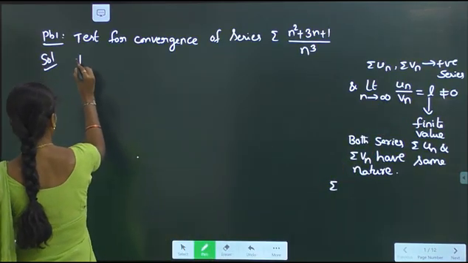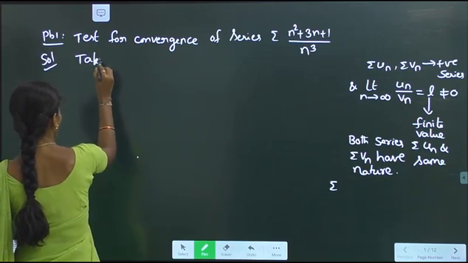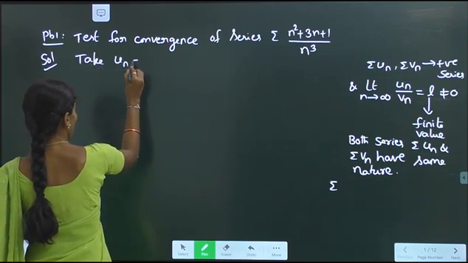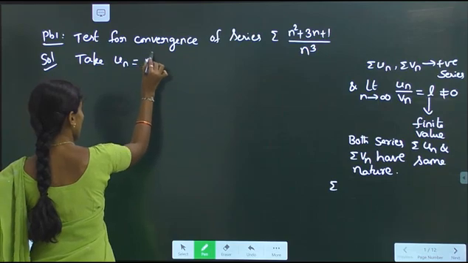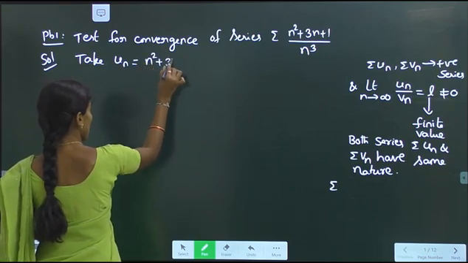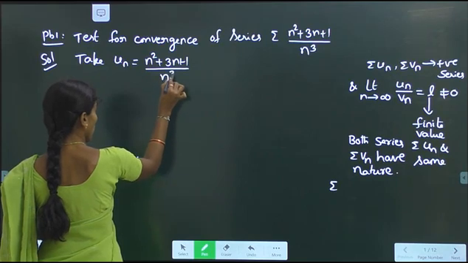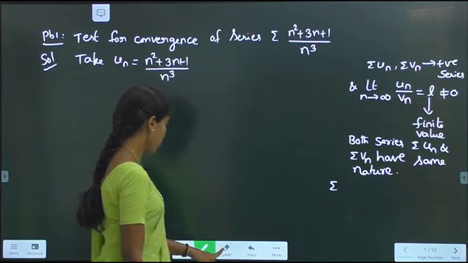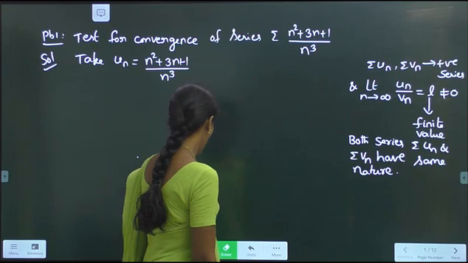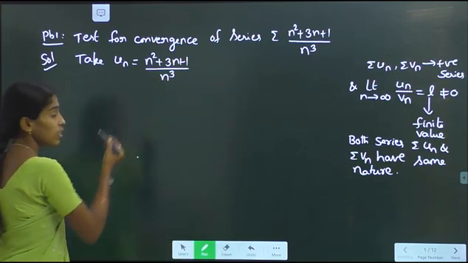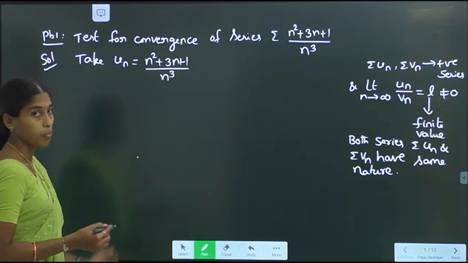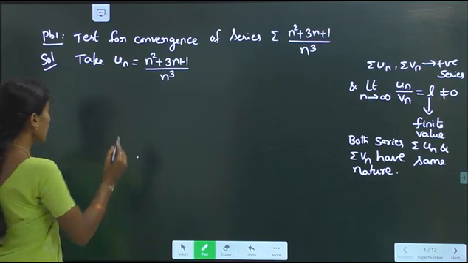So take un is equal to the given series nth term, which is n square plus 3n plus 1 by n cube, right? This is the given series nth term. Now we have to identify vn.